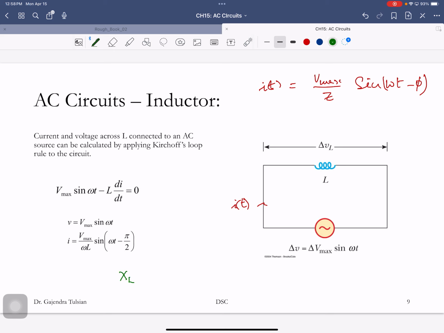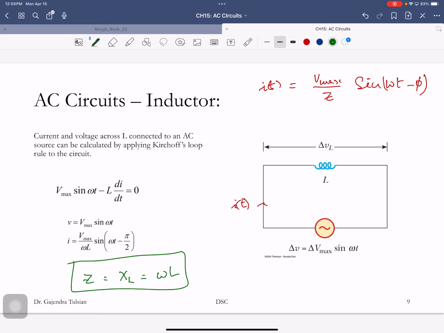We call it XL. So Z equal to XL equal to omega L. So what are we saying? The resistance of this element in an AC circuit is given by omega L.